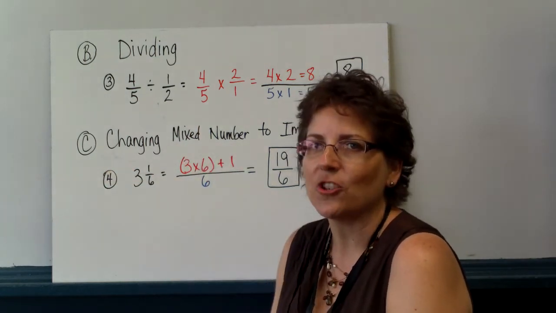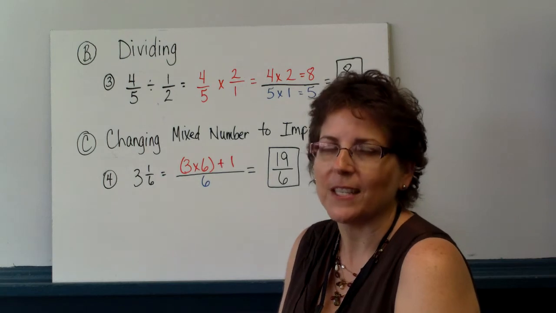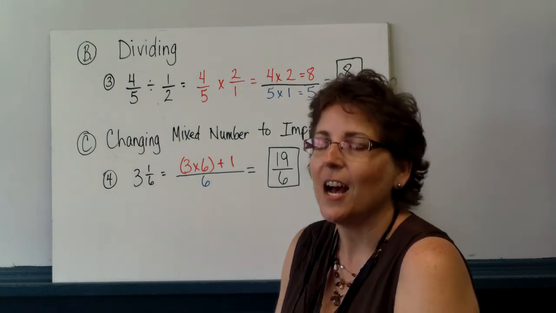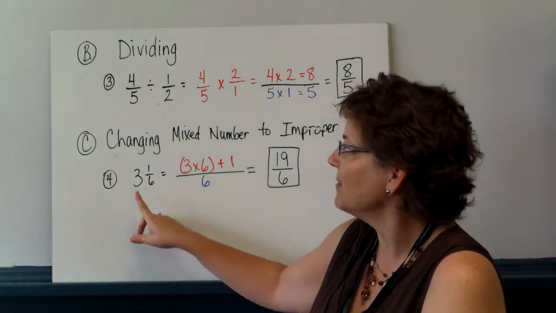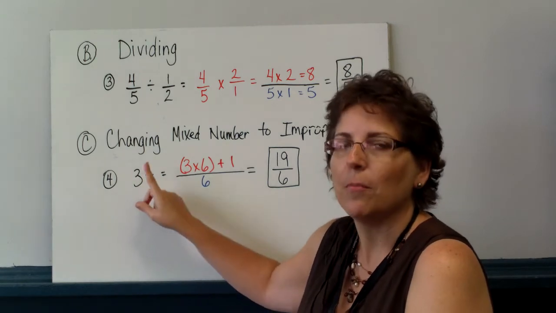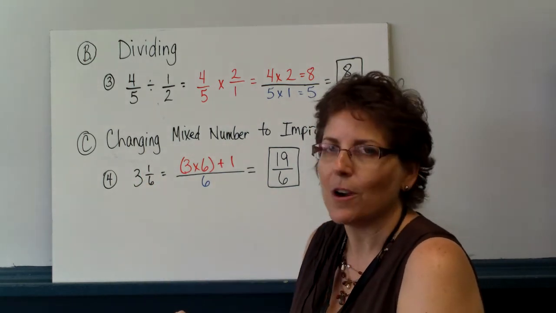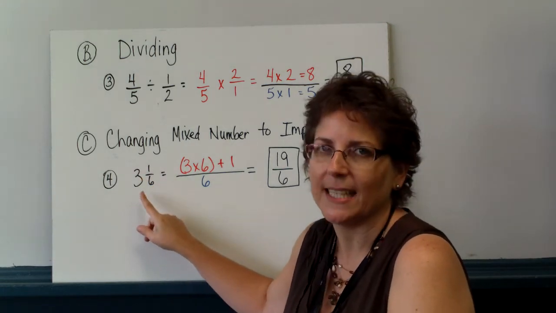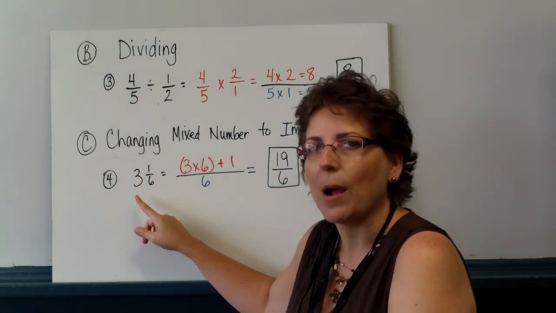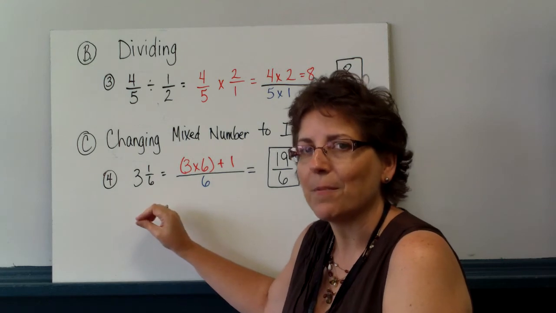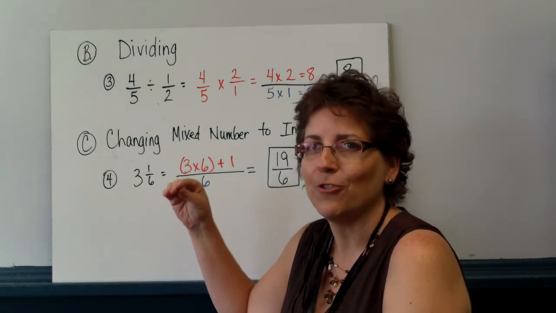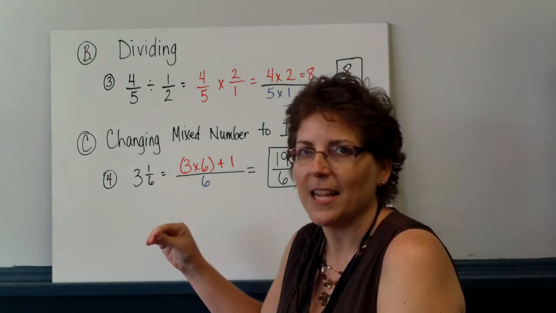Next, we're going to talk about changing mixed numbers into improper fractions. A mixed number is when you have a whole number plus a fraction attached to it. So in sample problem 4, we've got 3 1/6, and we need to make that an improper fraction. An improper fraction has a bigger numerator than the denominator.